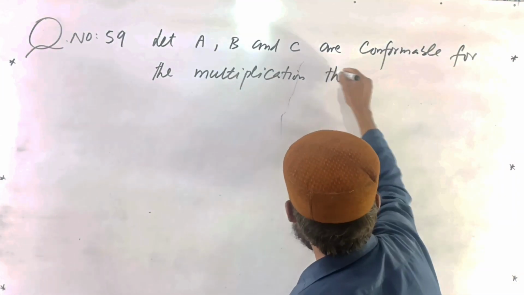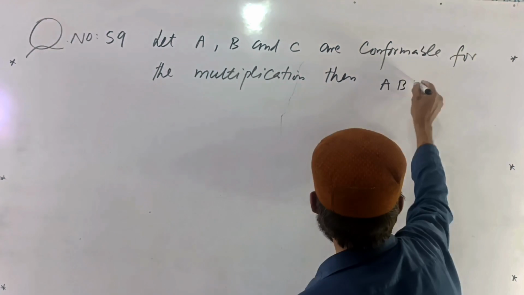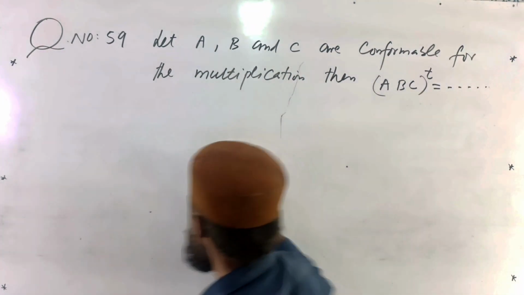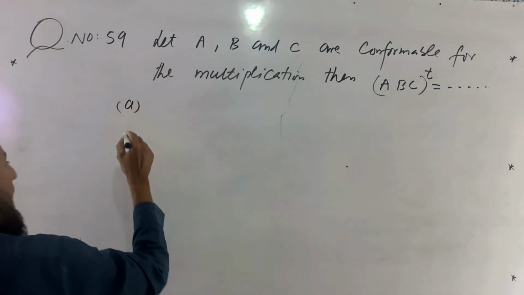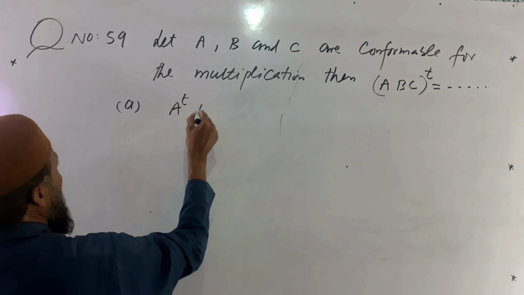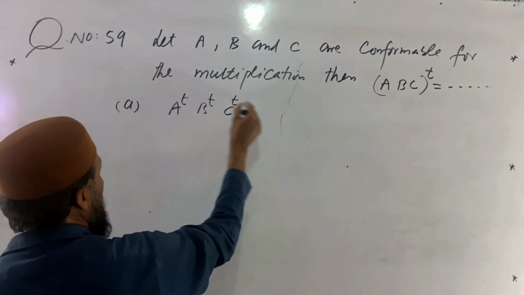Then the transpose of ABC is equal to what? A is A transpose, B transpose, C transpose.